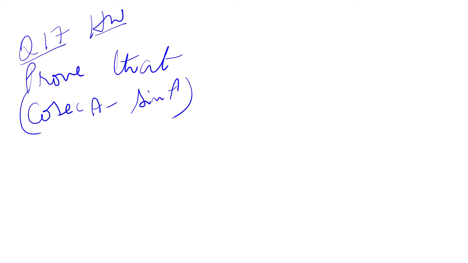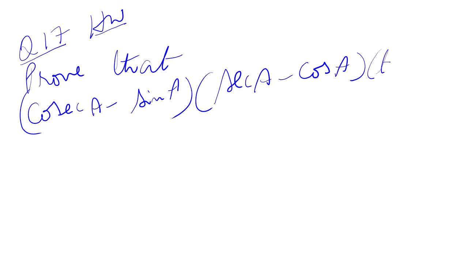Cosec A minus sin A into sec A minus cos A. Again, sec A is reciprocal of cos, into tan A plus cot A. So again tan and cot, tan A plus cot A, they are also reciprocals to each other.